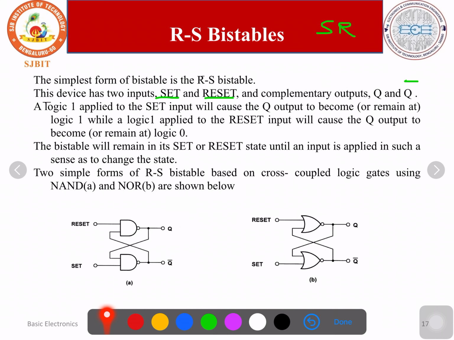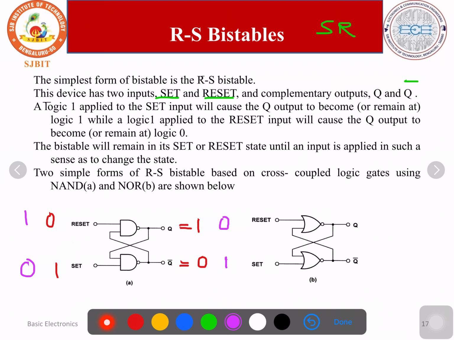A logic 1 applied to the set will cause the Q output to become logic 1. Q will become 1 if set is equal to 1. Q bar is complementary, so it becomes 0. Suppose you apply reset equal to 1, set equal to 0, so Q becomes 0 and Q bar becomes 1.